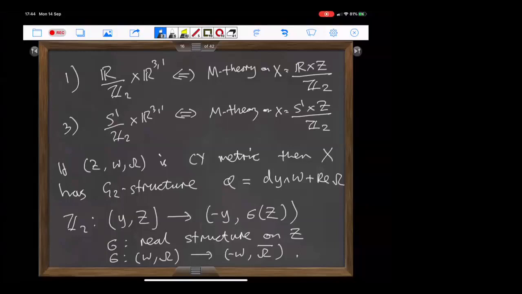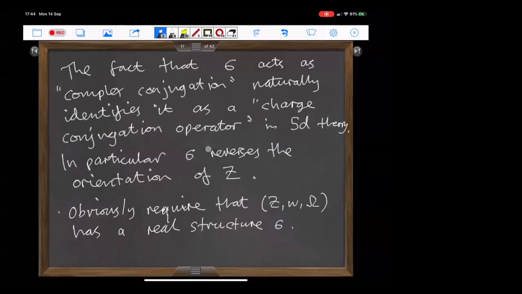In other words, sigma is a real structure on Z, which acts on the Calabi-Yau structure as described at the bottom. So it reverses the sign of the Kähler form and complex conjugates the holomorphic form. And you see the fact that sigma acts as complex conjugation naturally identifies it as a charge conjugation operator, because it will take representations to their complex conjugates, for example.